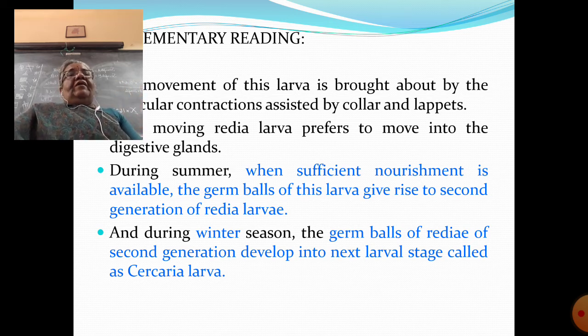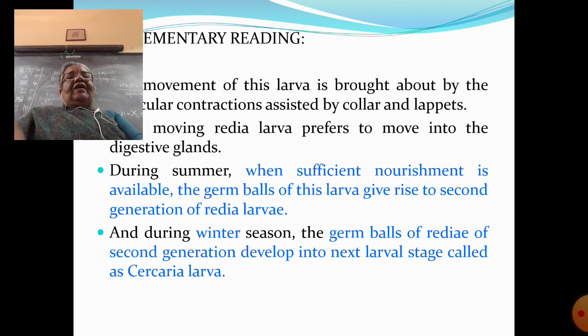Then on the other hand, during winter season, the germ balls of radii of second generation develop into the next larval stage, that is Circaria. Please note, let me repeat, the fate of the germ balls in this larva depends on the season.